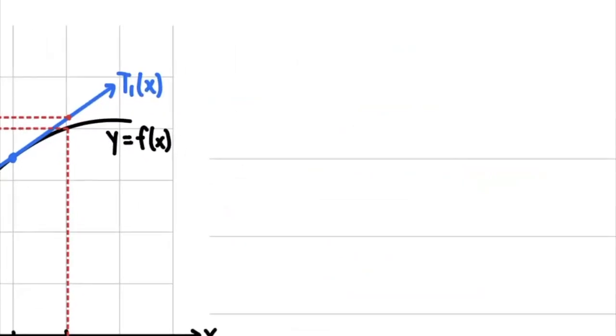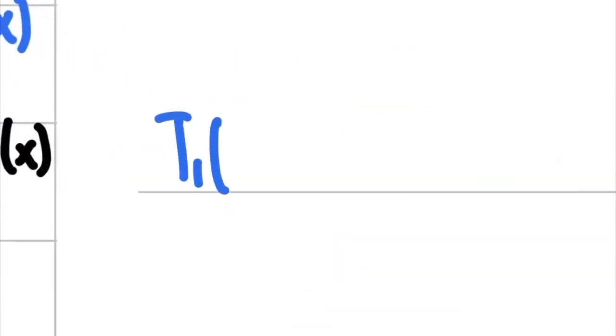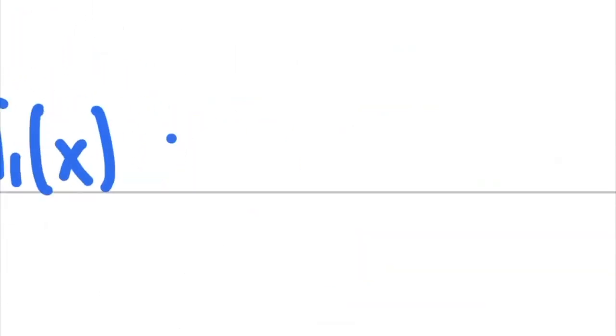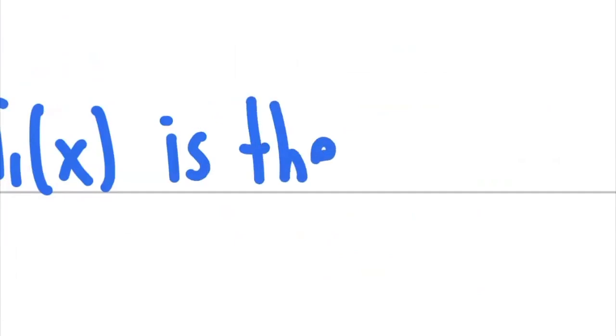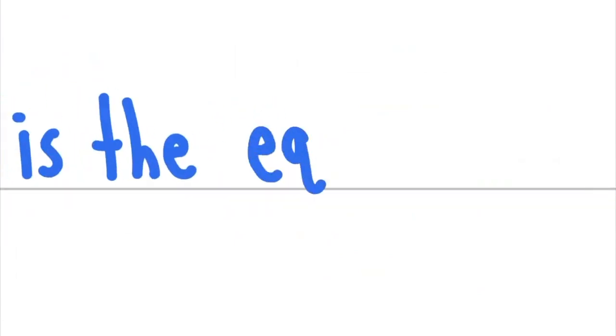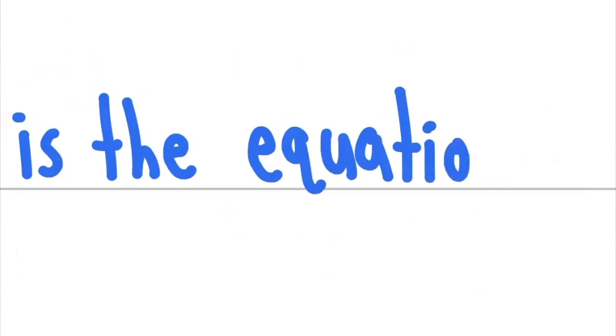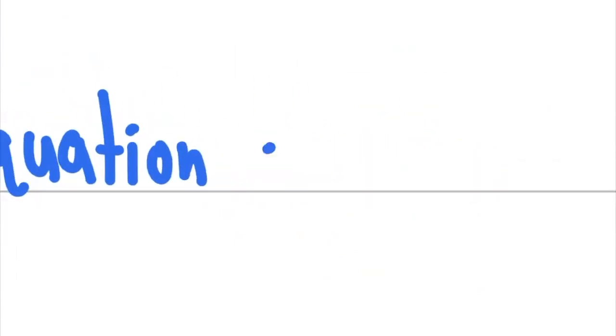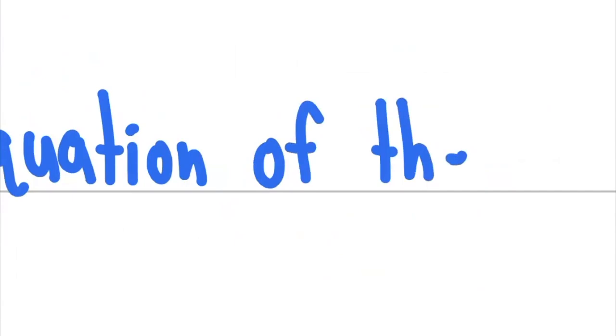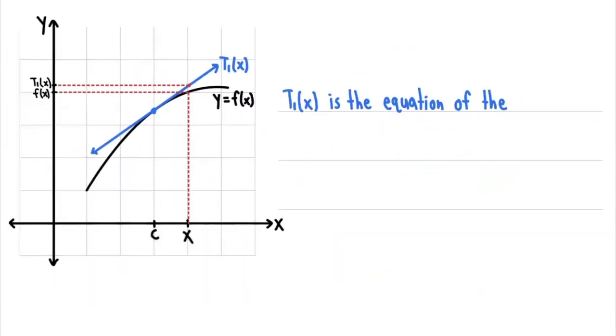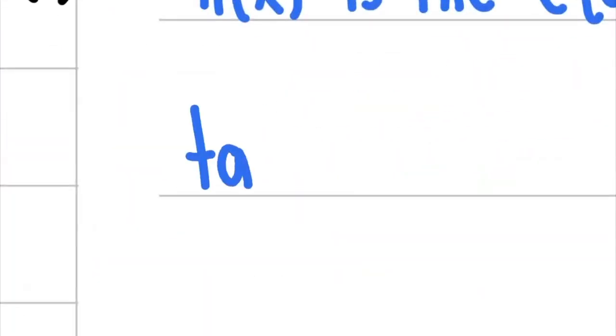So let me write some stuff down. t1 of x is the equation of the tangent line at x equals c.